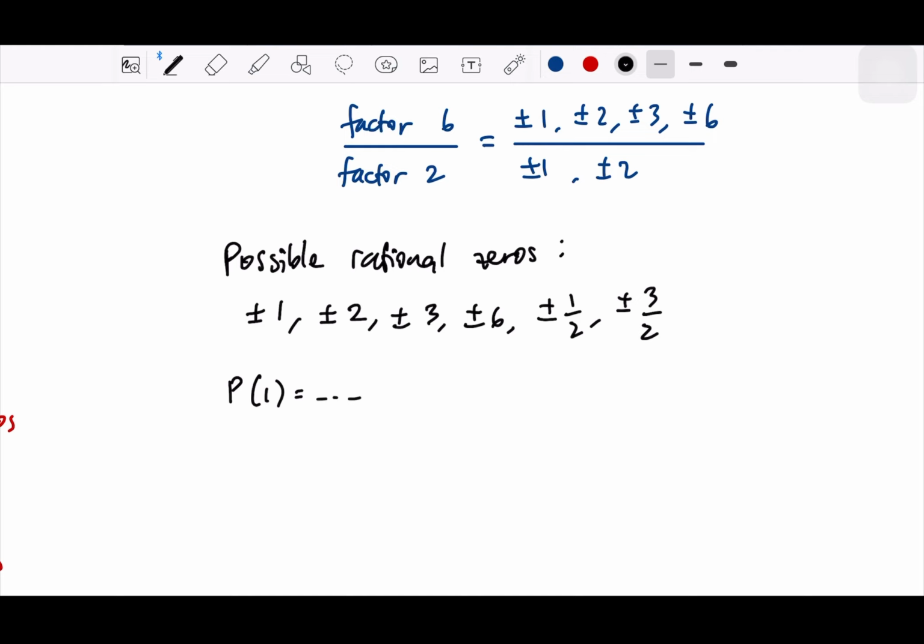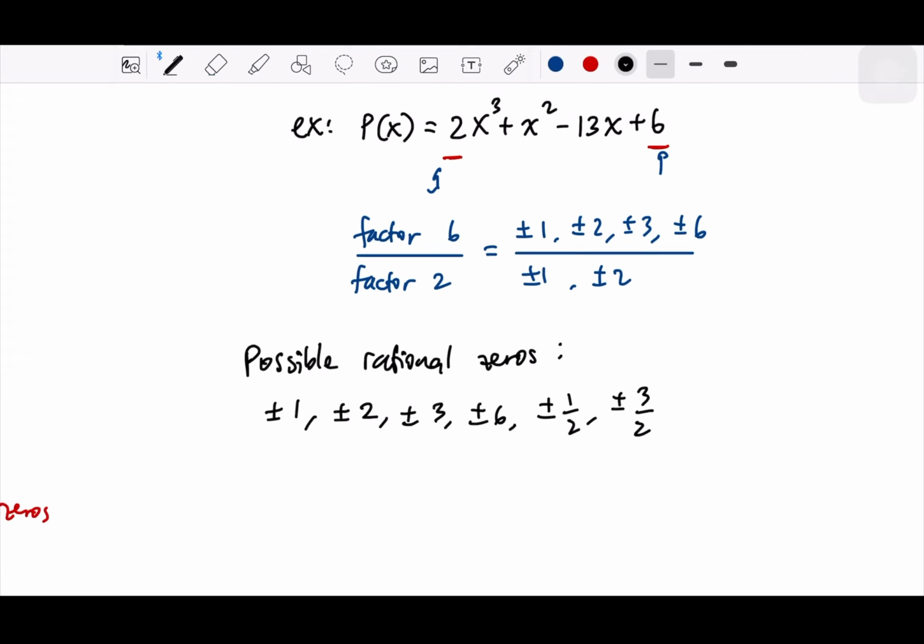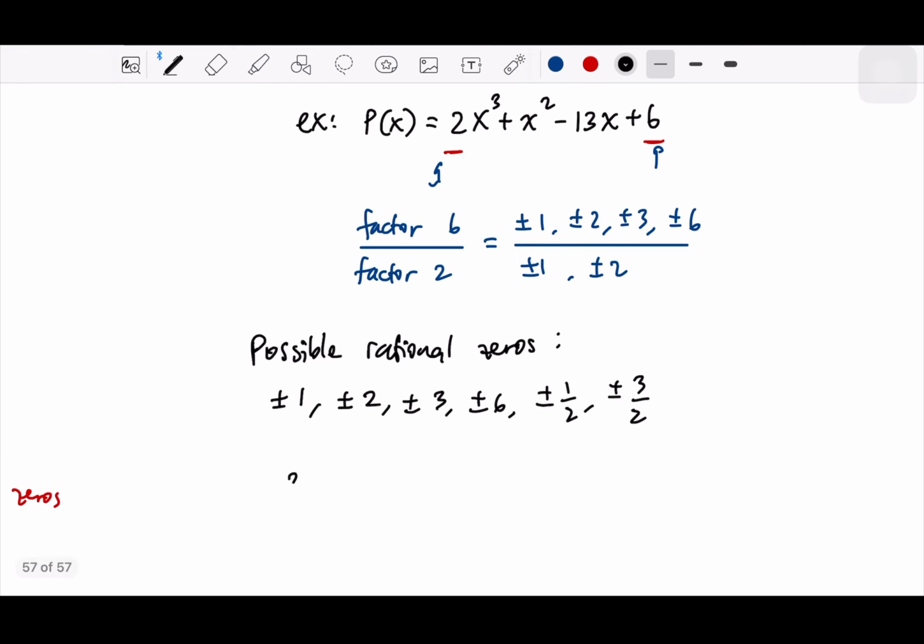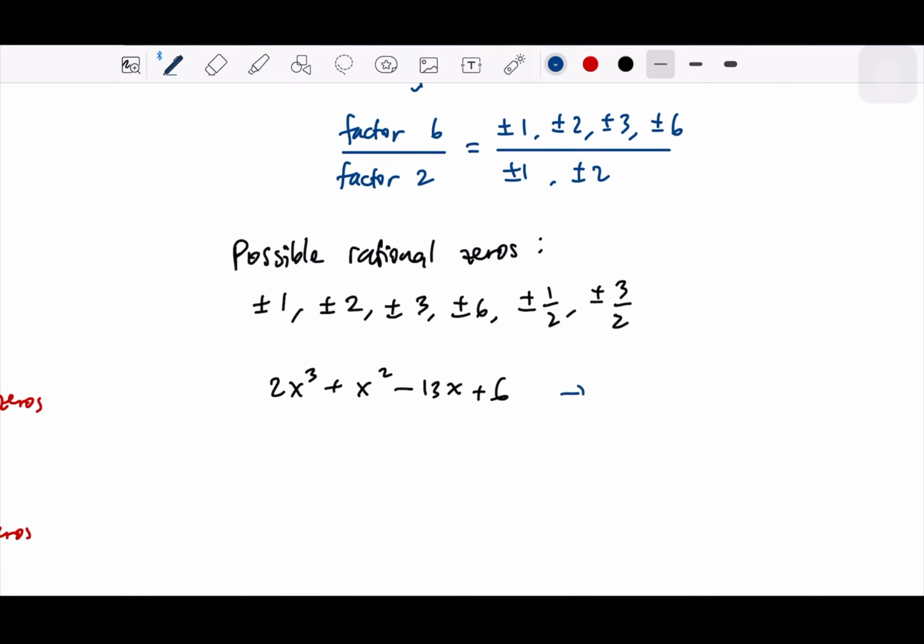We can actually use synthetic division. So we can write this is 2x cubed, so 2, 1, and then divide with, let's say we take x minus 1, so we take x equal 1.